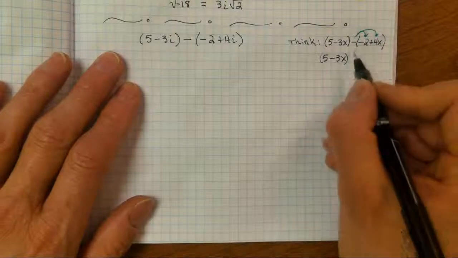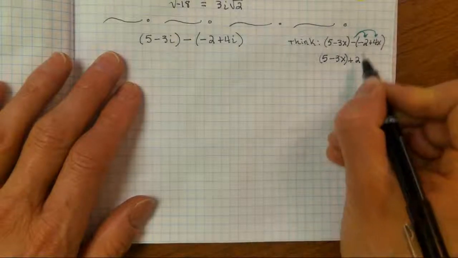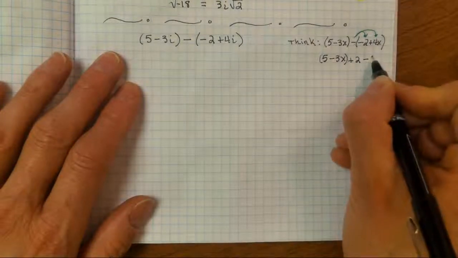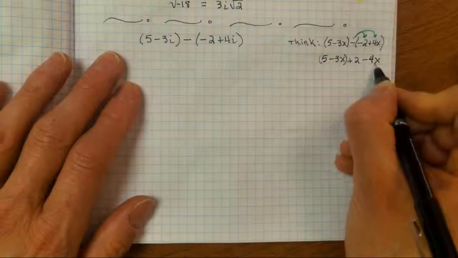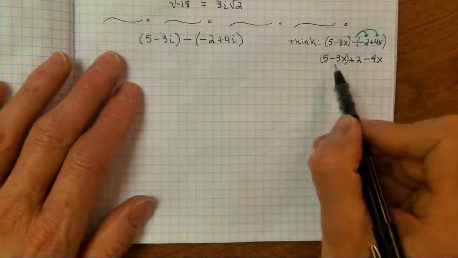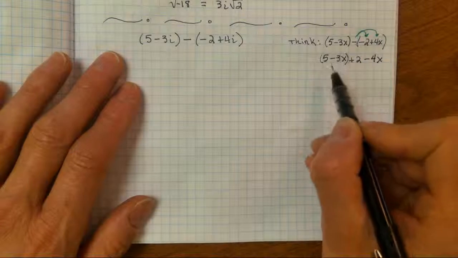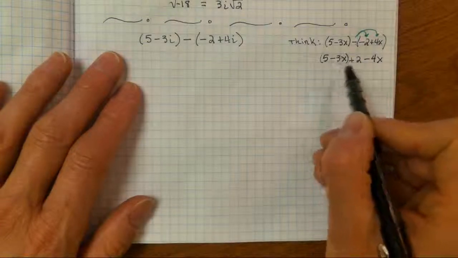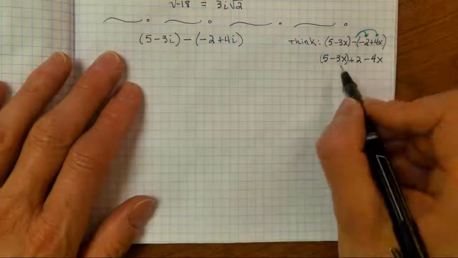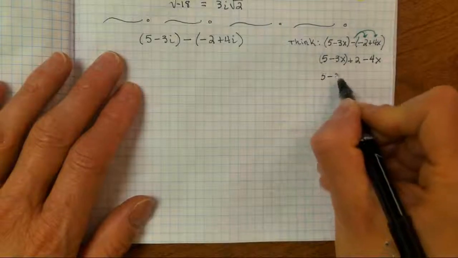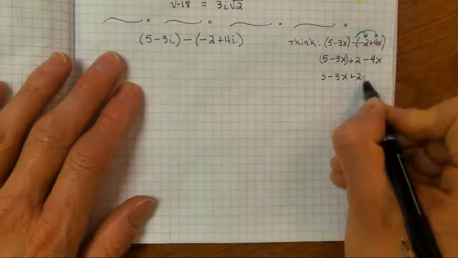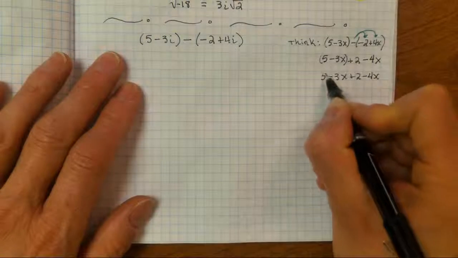So a negative times a negative is a positive 2. A negative times a positive is a negative 4x. This 5 minus 3x no longer needs to be grouped because nothing's being multiplied to it. So I simply have 5 minus 3x plus 2 minus 4x.